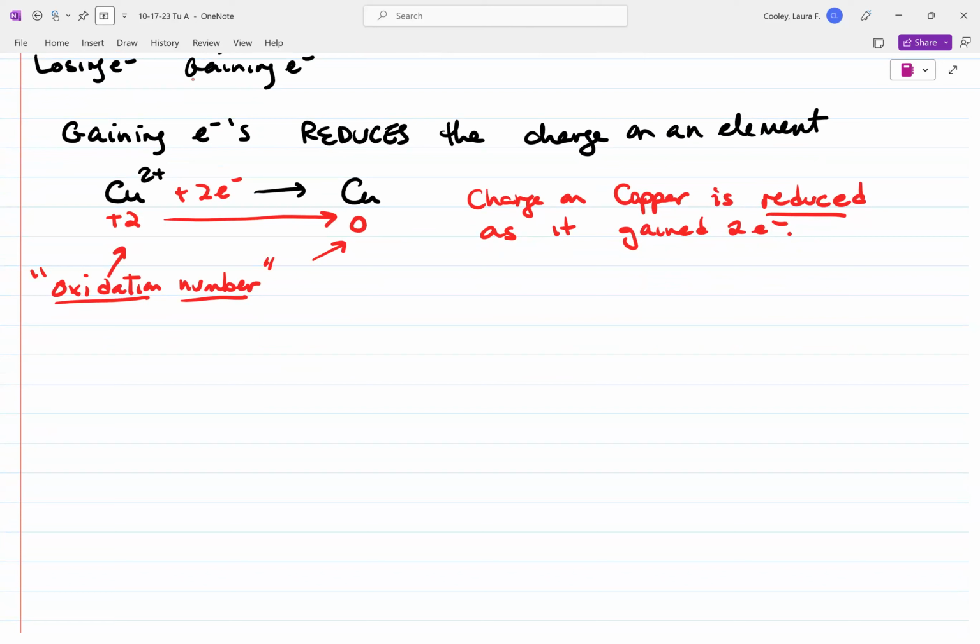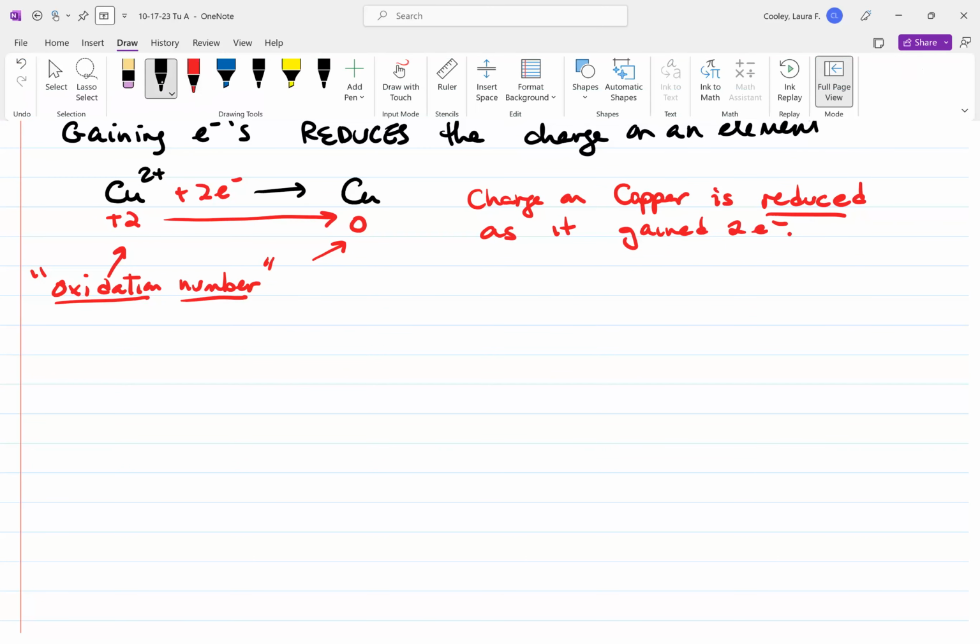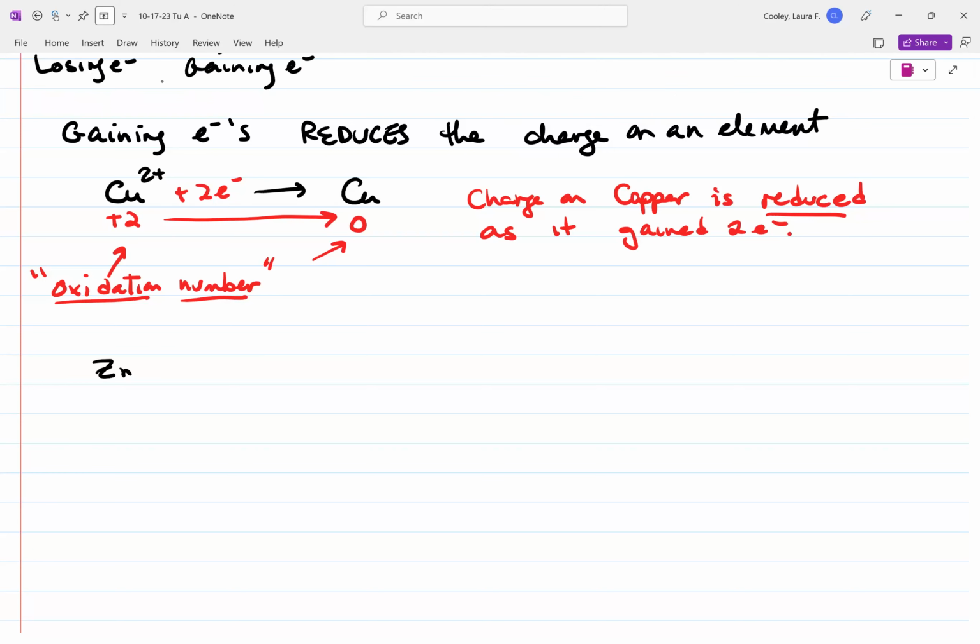Okay, so let's go and look again at this original reaction. And I want to sort of break it down to the basics. Solid zinc plus aqueous copper chloride goes to zinc chloride plus copper. Oh, by the way, this I call metal plus salt. This is a metal.